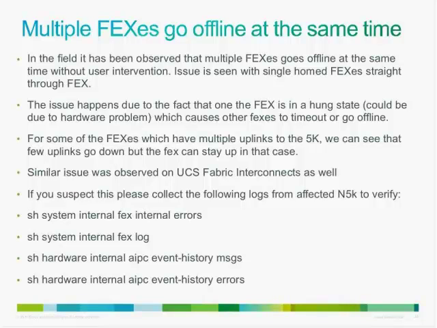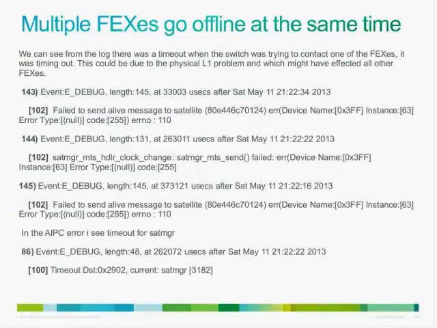In the release note for this specific bug, we have also populated that. Obviously, as you can see over here, we have documented what kind of messages you will see. Satellite Discovery Protocol is your SDP. That's the protocol running between your 5K and the 2K, right? So you will see timeout failures and MTS send fail and all that stuff, right?